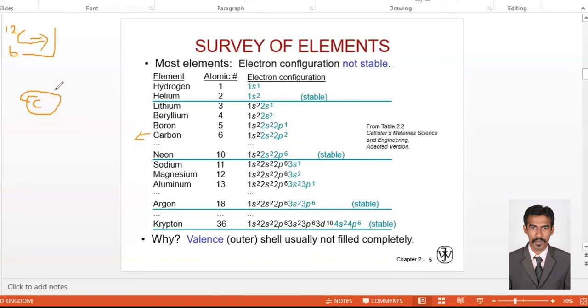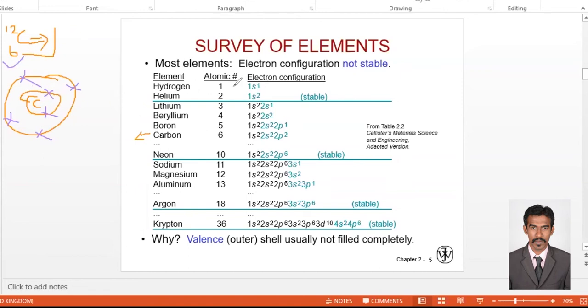So carbon, in the first orbit it has 2. This you have already studied. And in the next orbit it will have 4. So altogether 1, 2, 3, 4, 5, 6. We have 6 electrons.